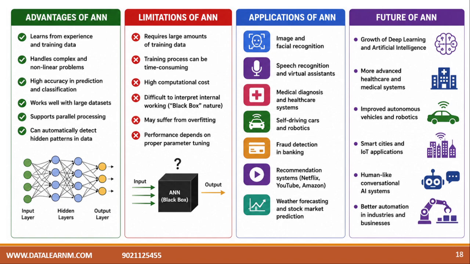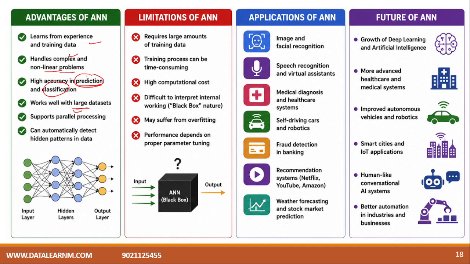In all the cases, we have some advantages as well as limitations. It learns from past data or experience during training, and handles complex and non-linear problems. That is an advantage. Accuracy is very high for both regression and classification. It works well with a large data set and supports parallel processing, so it can work at the same time.